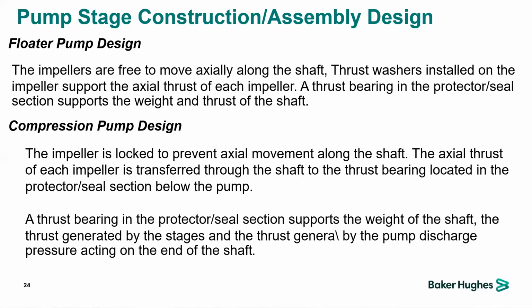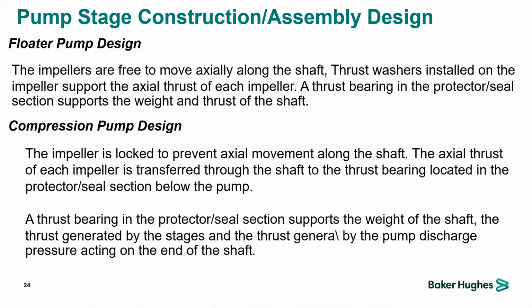With the compression pump design, the impeller is locked, and is not free to move down, but it's free to move up. So the impeller itself is locked to prevent axial movement along the shaft. In floater design, the weight of each impeller is absorbed by the bottom diffuser and thrust bearing as well.